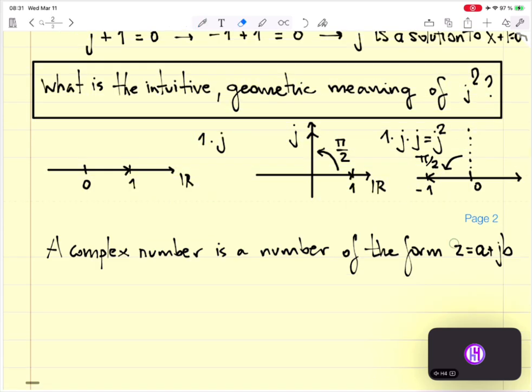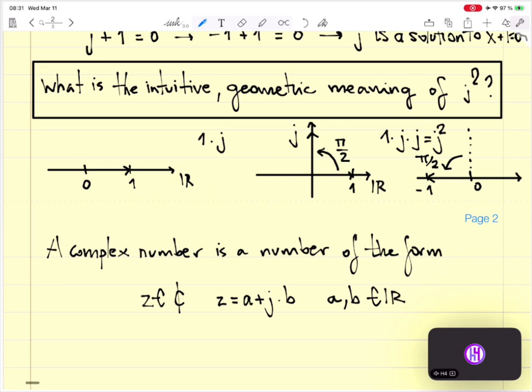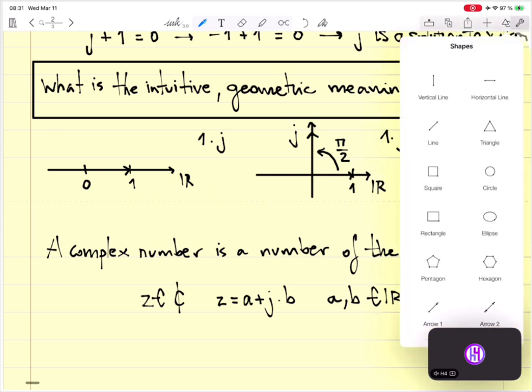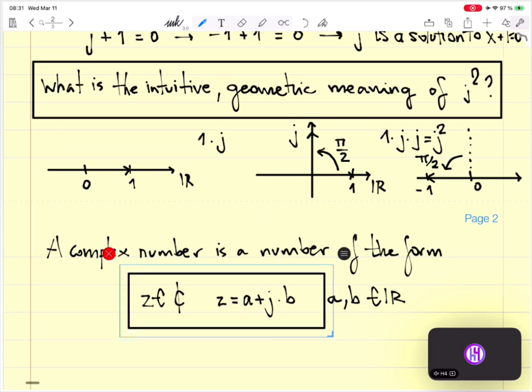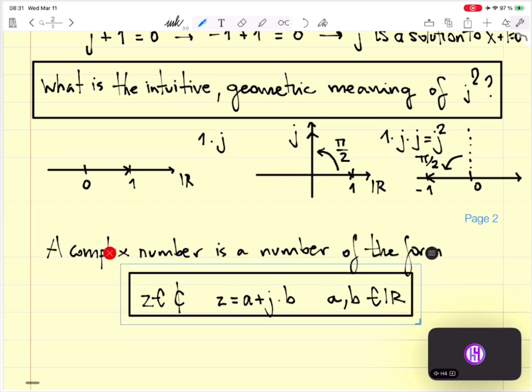Z is complex, and z equals a plus j times b. A and b are real numbers. Okay? So this is the format of a complex number.